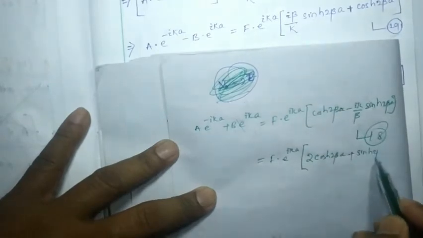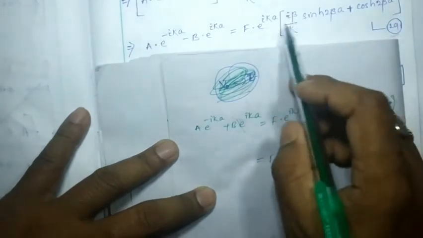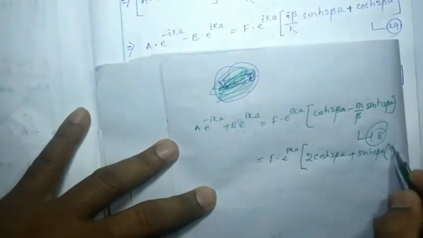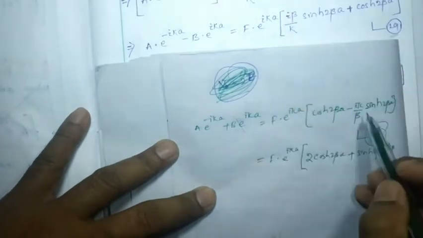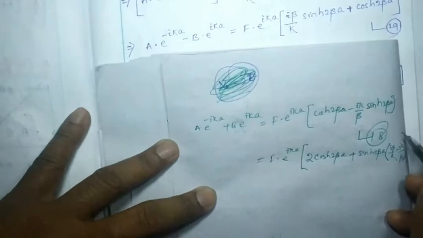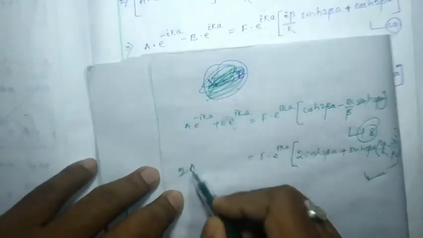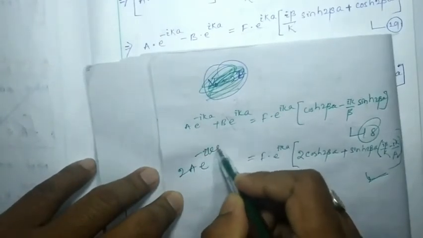Sinh 2 beta a into, in this term it is i beta by k, in this term it is minus ik by beta. So the right hand side will be this one. Okay, and the left hand side will be 2A e to the power minus ik.